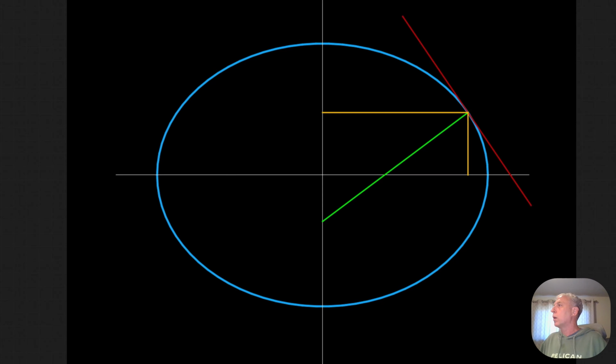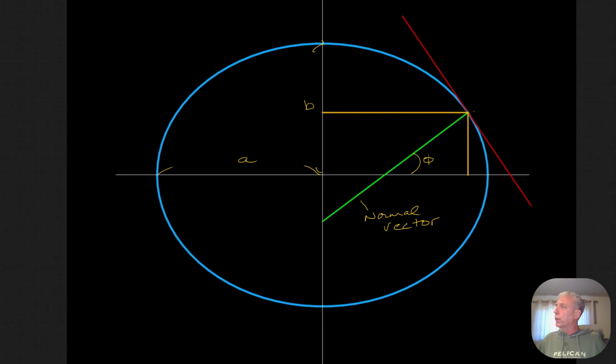Now we said this is our phi, or our geodetic latitude. Here's our normal vector. So this distance is our B. This distance is our A. Semi-major and semi-minor axes.